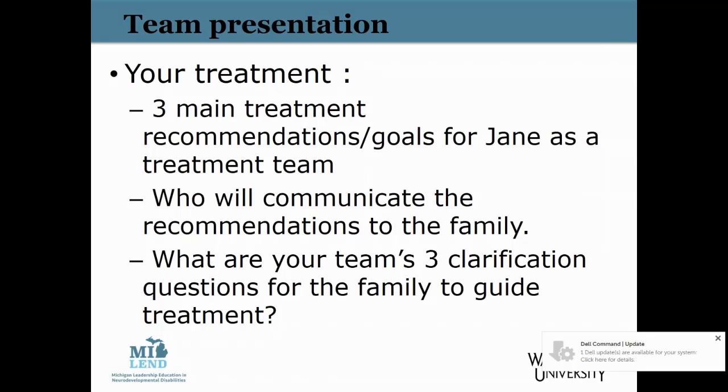Yeah, and I would agree that a social worker would be a good person to start out with, because they might get a more comprehensive picture of everything that's going on with Janie. They might know where to start. That's a good point. Any other team members that you think would be important?